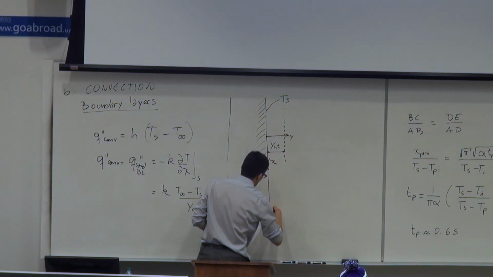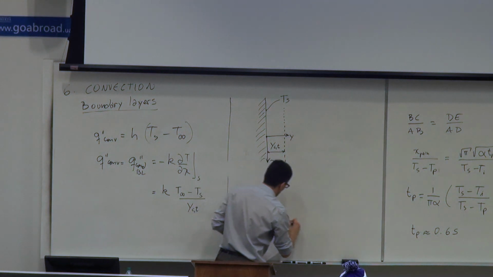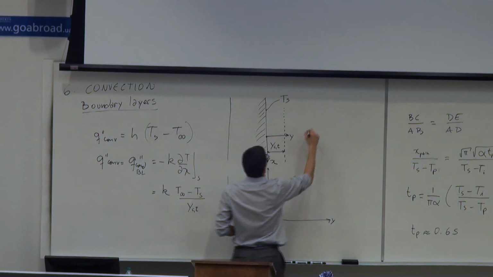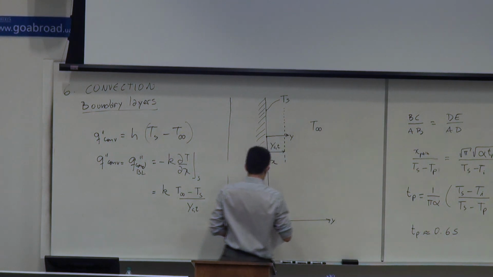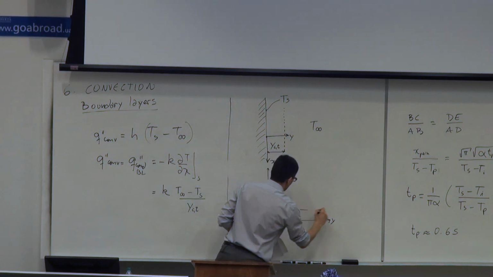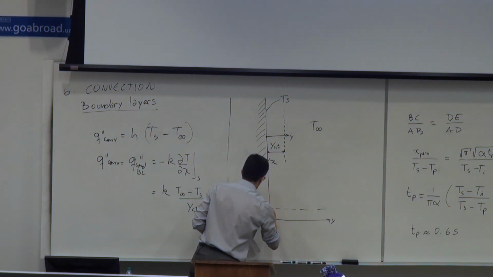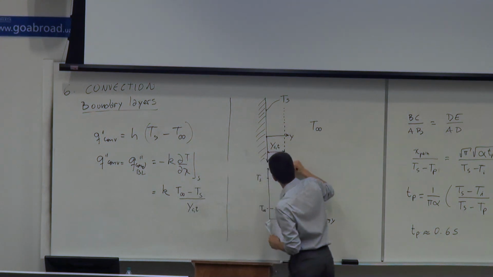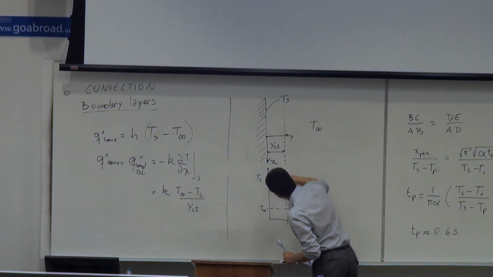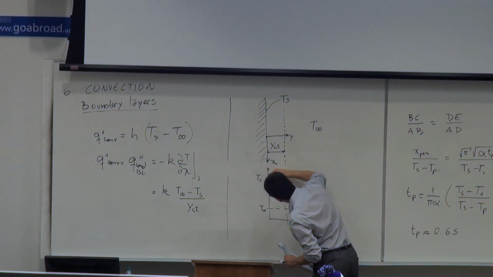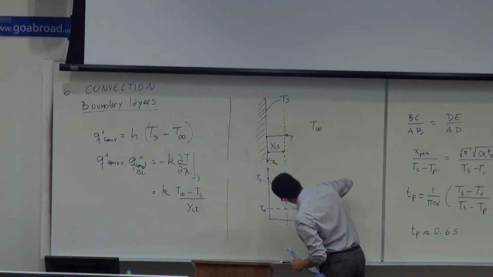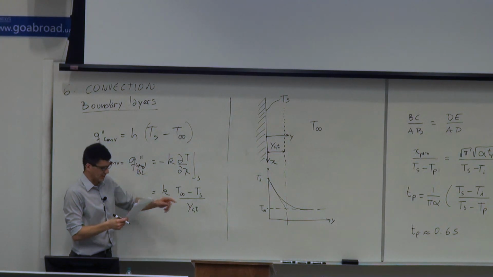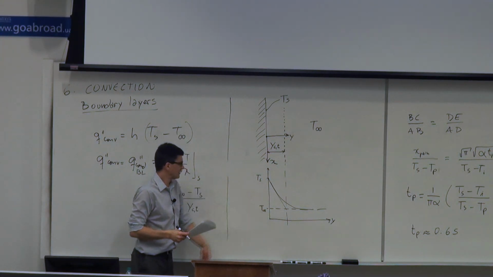I'm going to make the graph now. And this is y. Here we have T infinity, right? So here we are going to have T infinity. Here we're going to have T surface. And this is what this y_ct looks like.